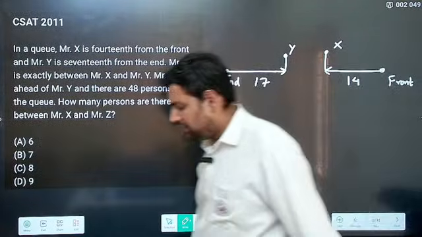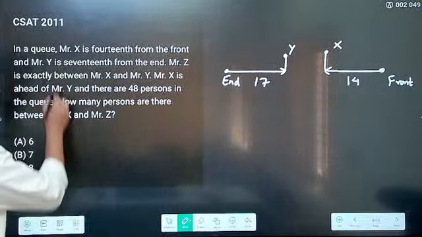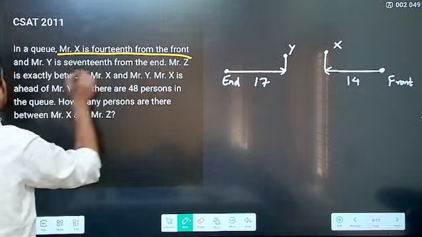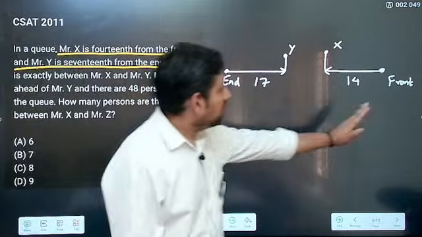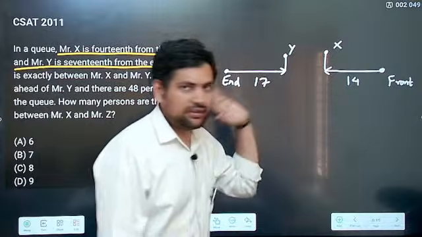I've drawn the first line, that is, X is 14th from the front and Y is 17th from the end.